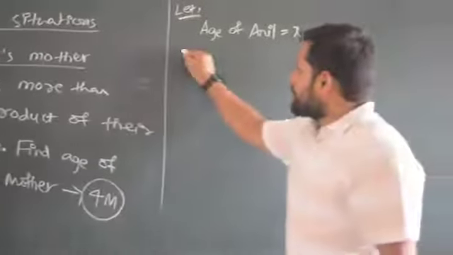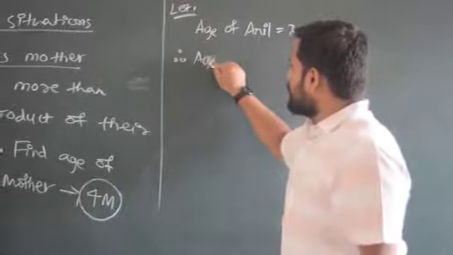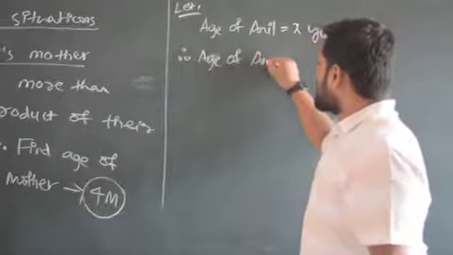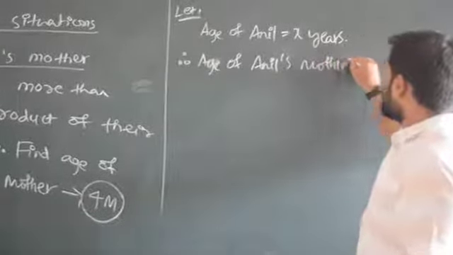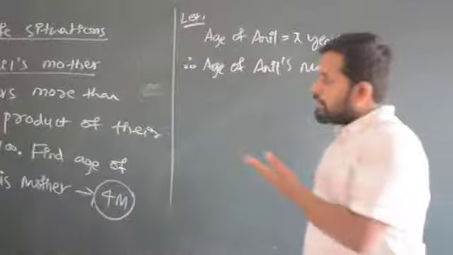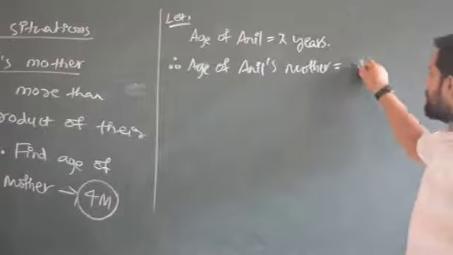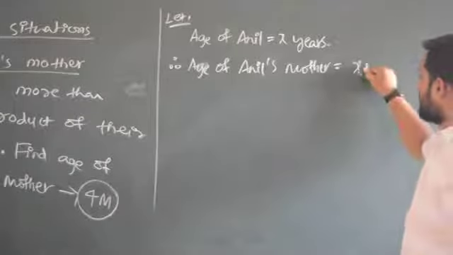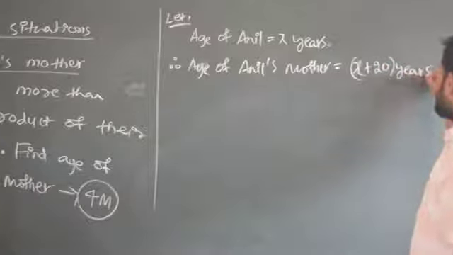Then, therefore, tell me, what will be the age of Anil's mother? In the problem, the age of Anil's mother is 20 years more than him. That means his age is x, so his mother's age will be x plus 20 years. Is it clear, my dear children? I hope it is clear.